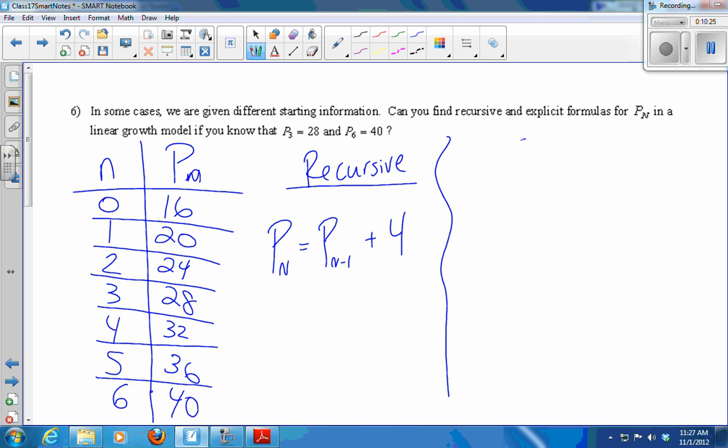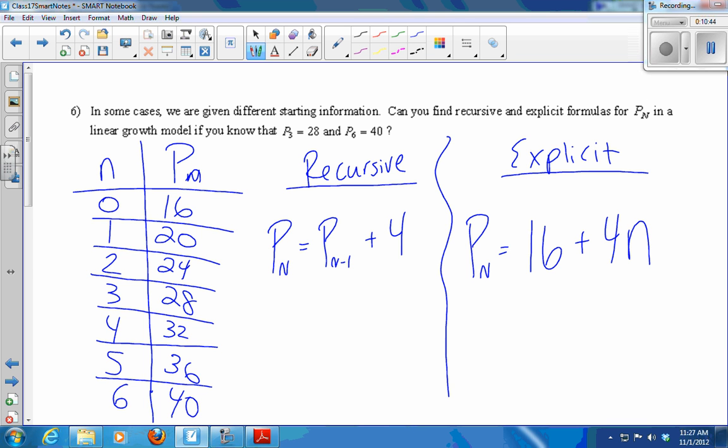And then for my explicit formula, for the population in any given year, you can say, well, I'm going to start with my initial population of 16, and then I add 4 over and over again, and adding 4 over and over is multiplication. So you would do 16 plus 4n. Any questions on that one?